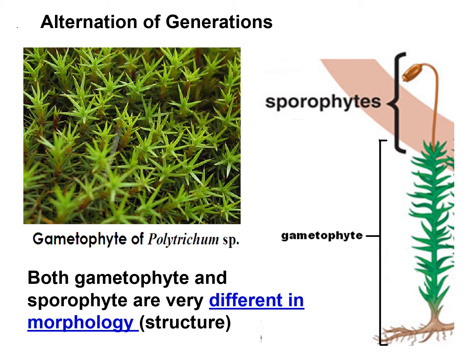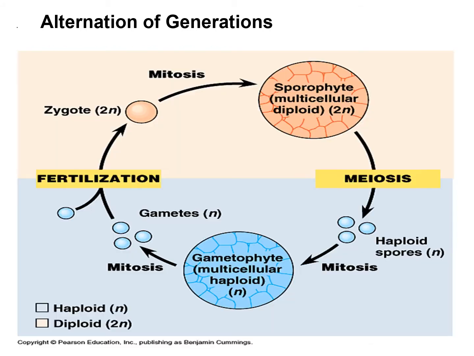So the structures shown in this slide, the green structure here is the gametophyte, the haploid generation. The only structure here that extrudes from the gametophyte generation is the sporophyte generation, meaning that this part is the diploid part.